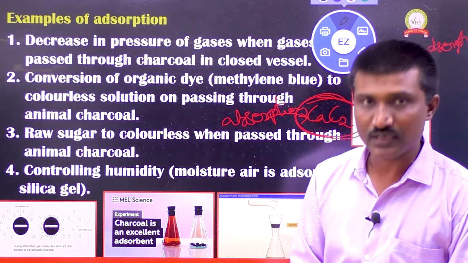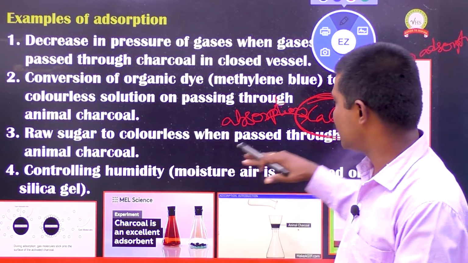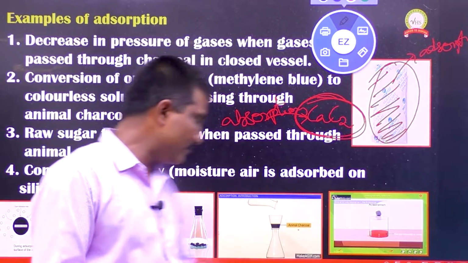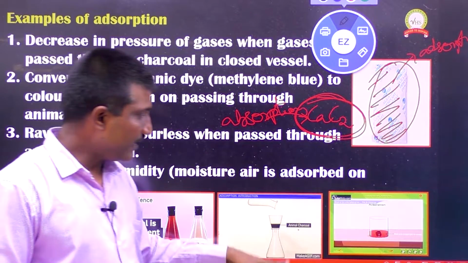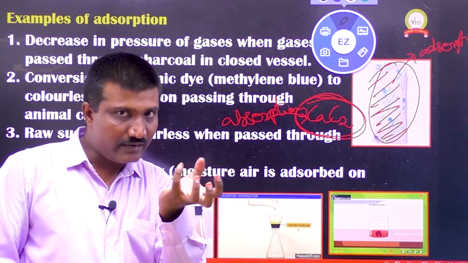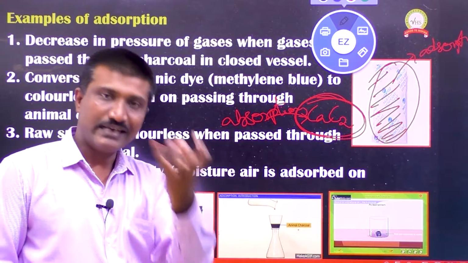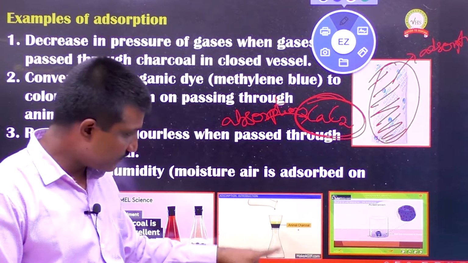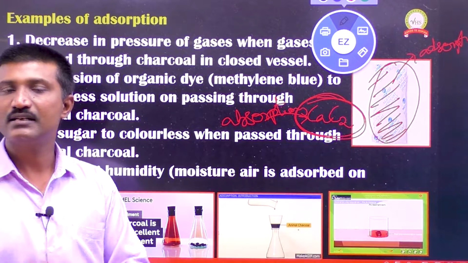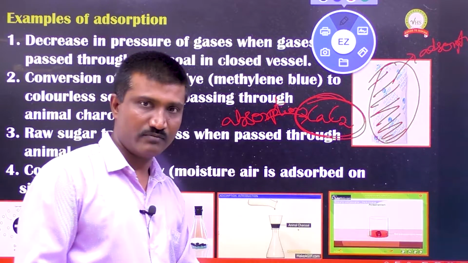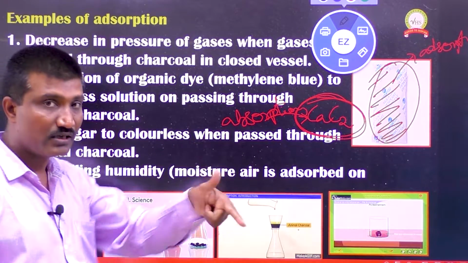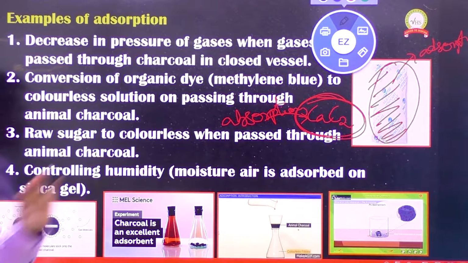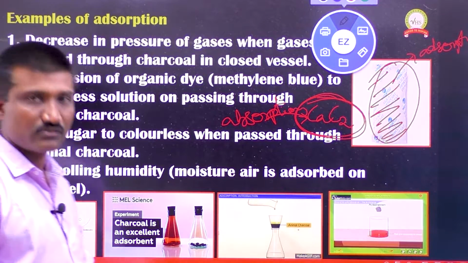If you pass the raw sugar solution through animal charcoal, the animal charcoal adsorbs the color particles or impure particles. So, whatever solution we get is our colorless pure sugar. This is mainly used in the sugar industry. Based on the adsorption surface phenomenon, we convert impure sugar to pure sugar.